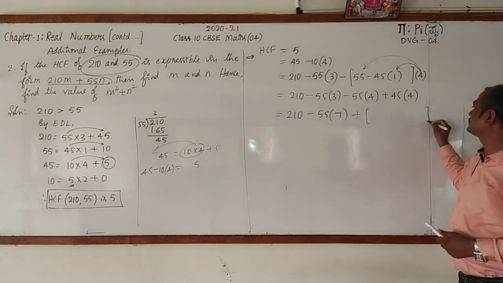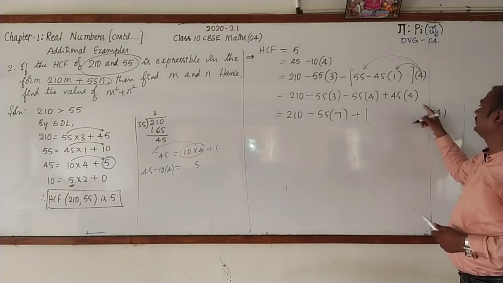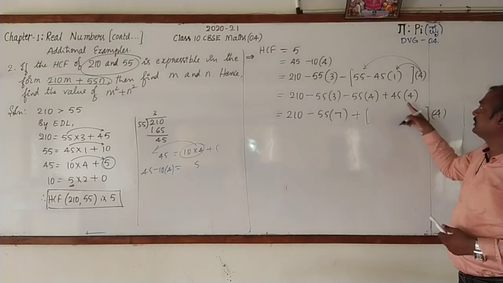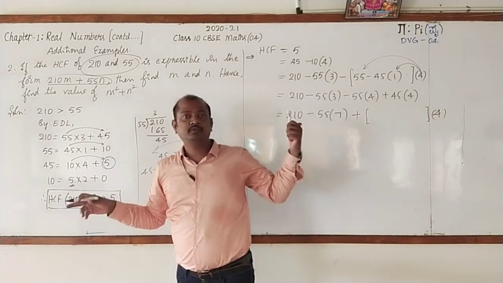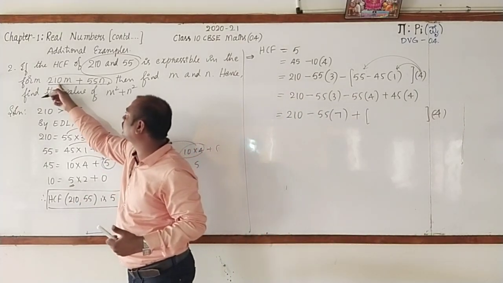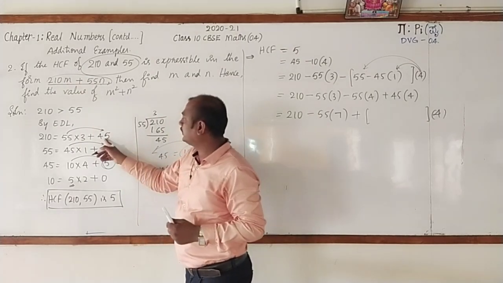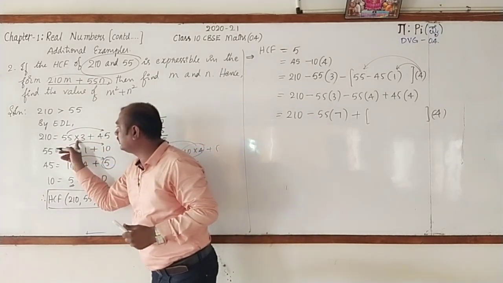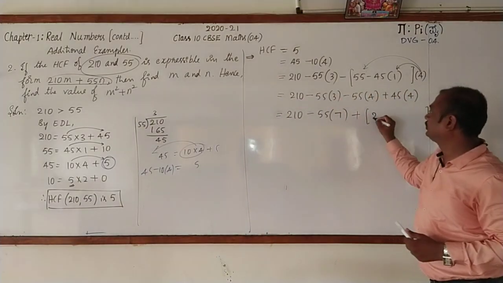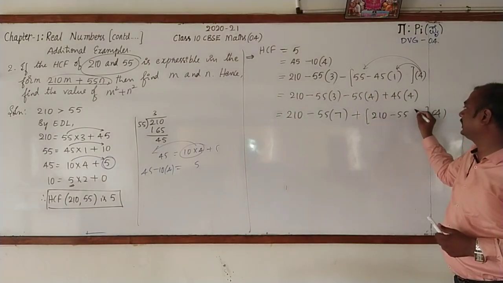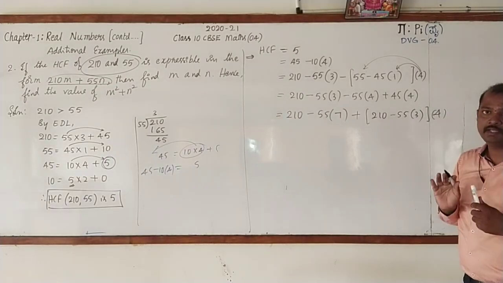So we have to take substitution for 45 into 4 times as it is. Because we have to express 5 in this form, only 210 and 55 should be there. 45 can be written as 210 minus 55 3 times. Clear?